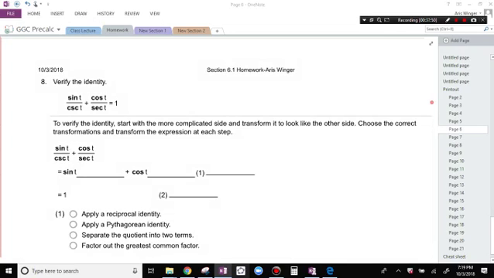I don't know how many blanks they're going to have. Oh, did they really end it that quick? It looks like they're just switching it directly to sine.